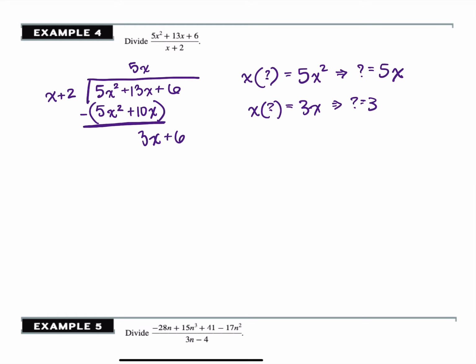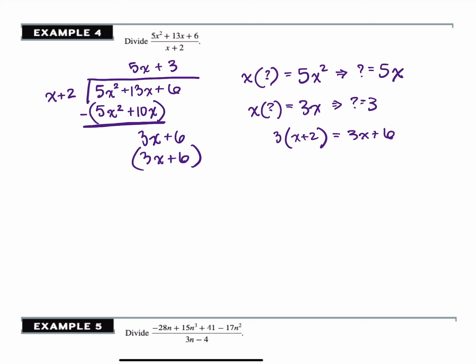So I'll say plus 3 here. Now I'm imagining taking that 3, I can write the work out here too, and multiplying by x plus 2. That should give me 3x plus 6. So that's what I'm going to write down here.